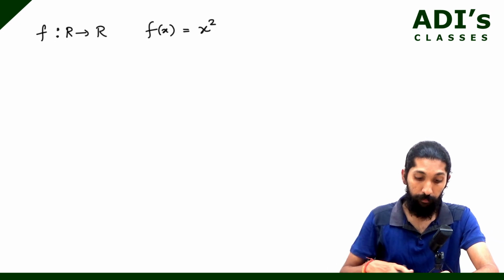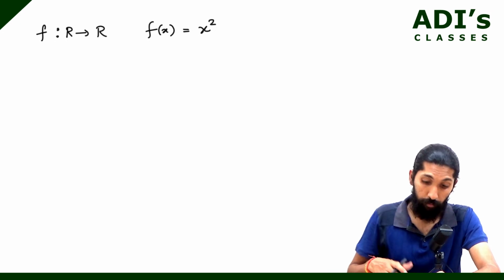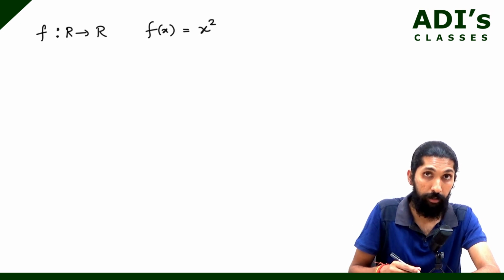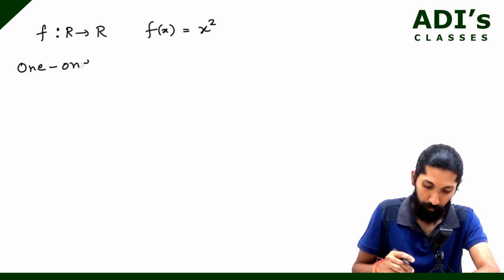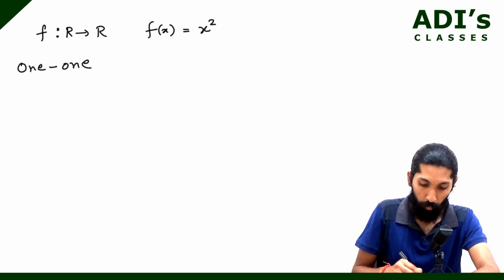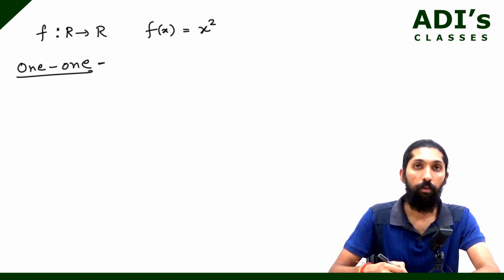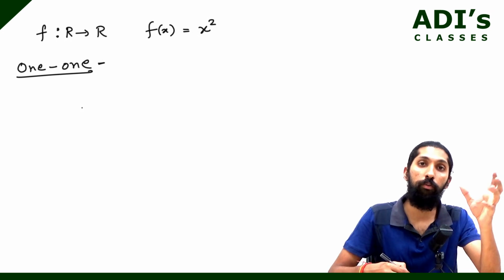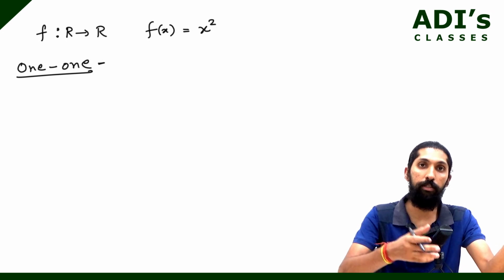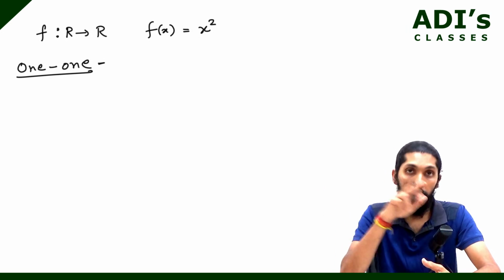Now when we have f of x is equal to x square, first we'll check for injective, or you can also call it one-to-one. Now for one-to-one, how do we prove it? It's very important, because I can't always say, this is the set of elements in the domain, this is the set in the range, I have an image.